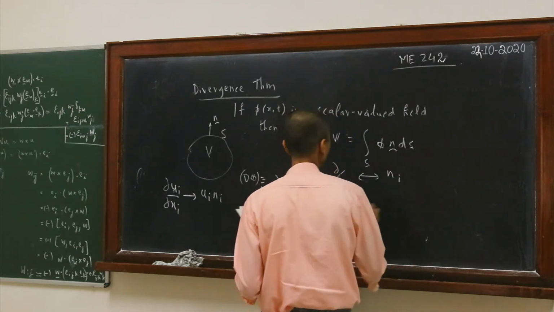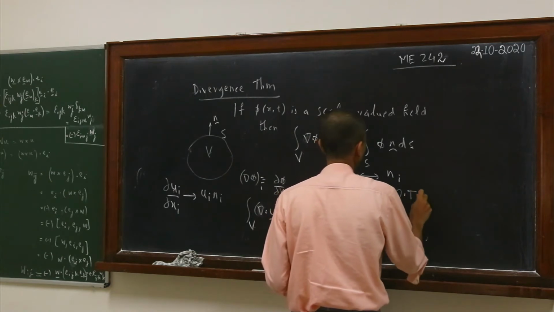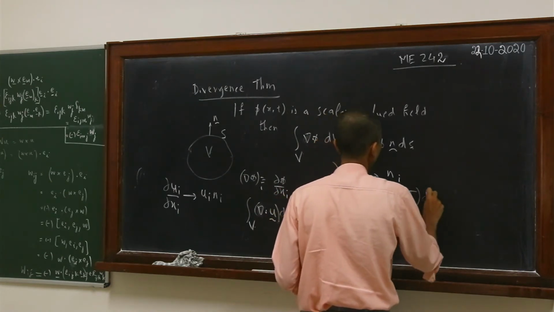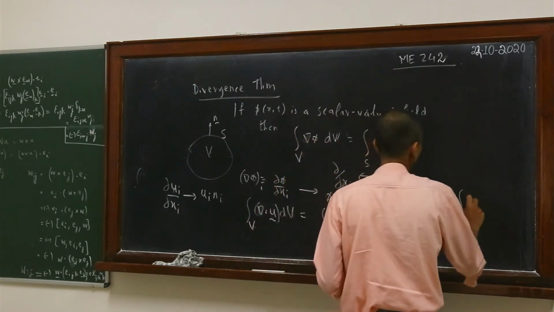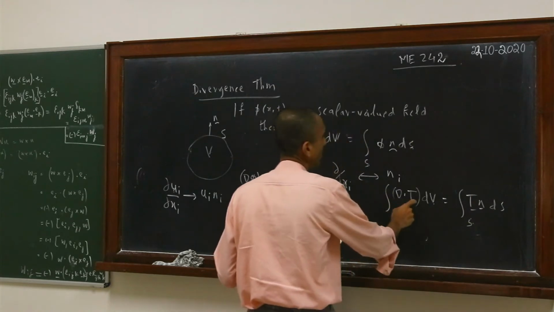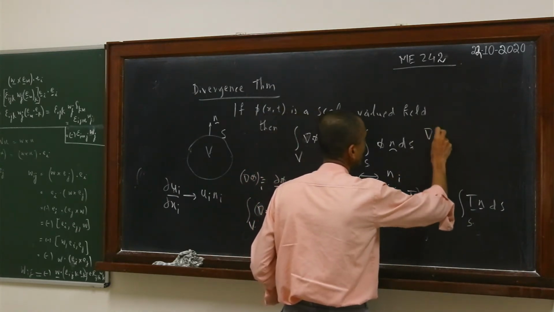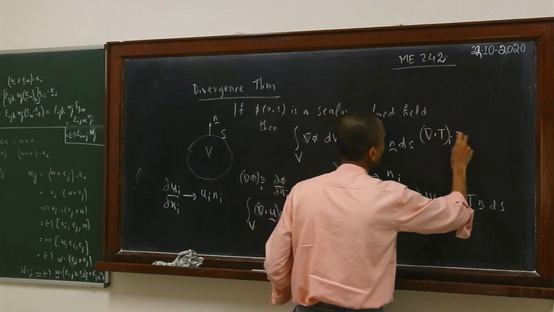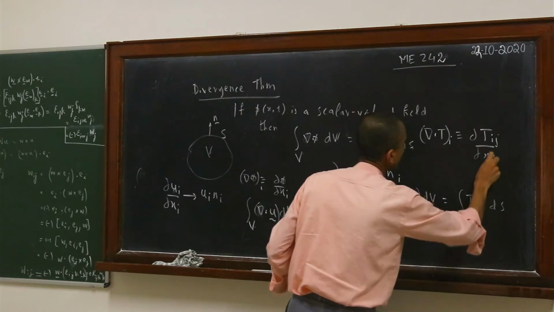So as I said, let me just give one more example. Suppose you wanted del dot t, that is, the second order tensor t, then this will become the integral of t times n times ds over s. So here your del dot t, the ith component, is del t ij by del xj.